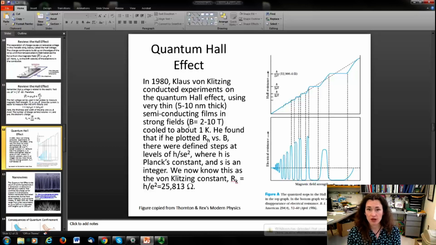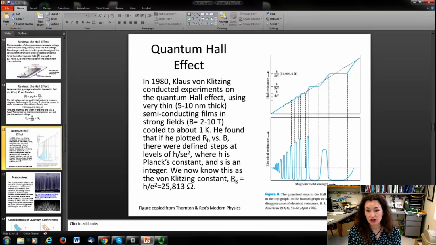Basically he was applying a voltage or a current to these semiconducting materials, measuring the Hall resistance with different values of the magnetic field, and then plotting that out, and he saw these steps. This is an illustration of the data that came out, and he noticed that these steps, these plateaus, had very defined values.